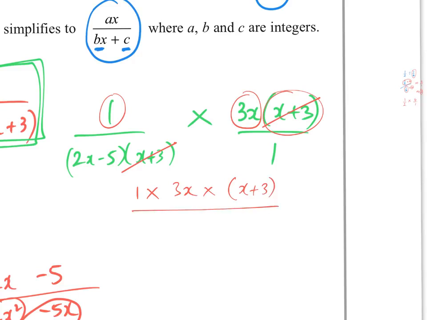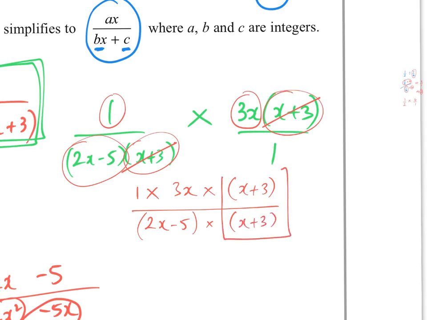Multiplication, the order of that doesn't really matter. So underneath I could write 2x minus 5 multiplied by x plus 3, which I could just write directly underneath here, and then you can see here that x plus 3 divided by x plus 3 is the same as 1, and you can either write the 1 here and here if you want, or just leave it out.